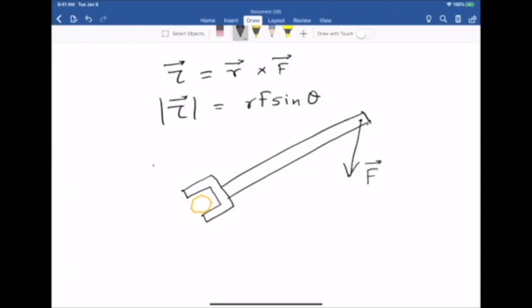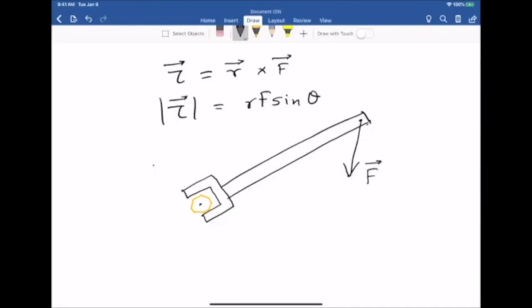How would I find the torque of the force? Now, first of all, whenever you're measuring the torque, you need to measure it with respect to some reference point. In this chapter, the reference point will always be on the axis of rotation. So the axis of rotation of this whole system is an imaginary line which is passing through the center of the nut.